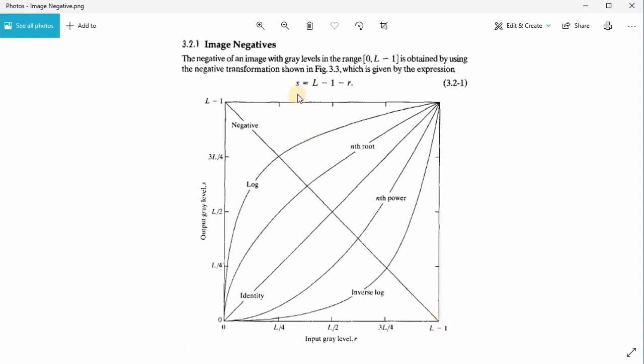This is the equation. S represents the output pixel value and R represents the input pixel value. So L minus 1 is the highest value of the pixel. In our case, if we are considering the 8-bit image, we have 0 to 255. So we shall now proceed with the implementation of this technique in Xilinx.